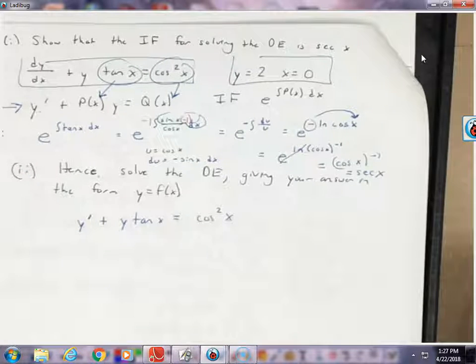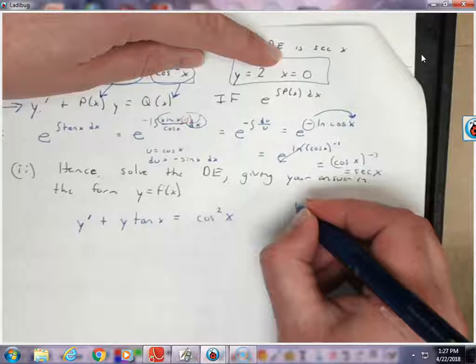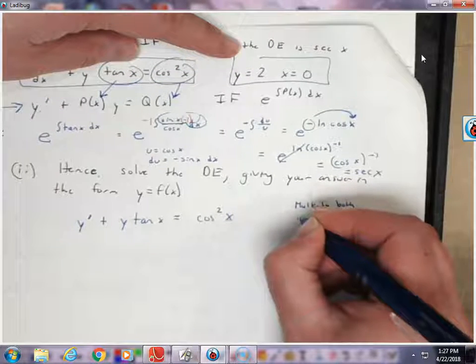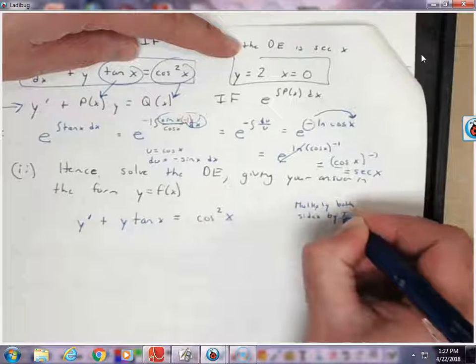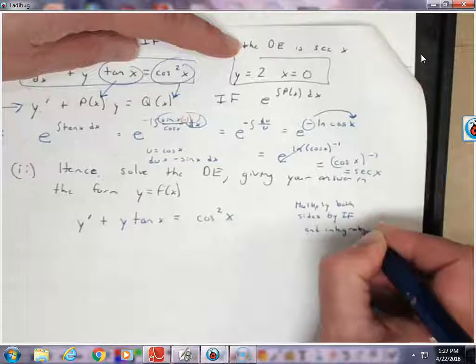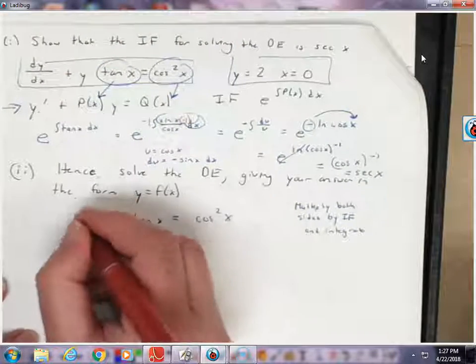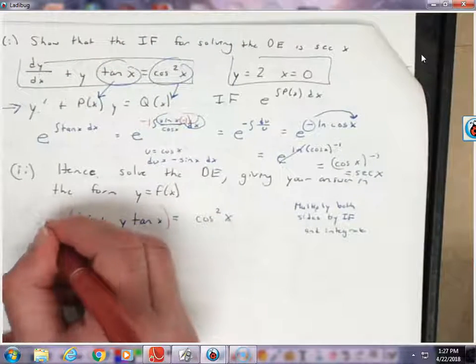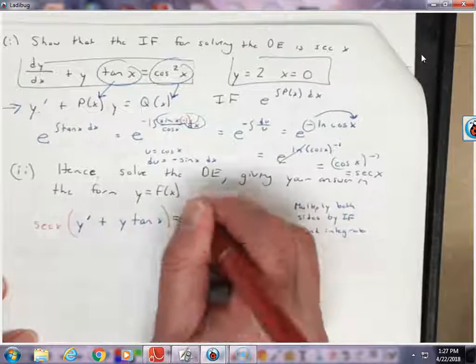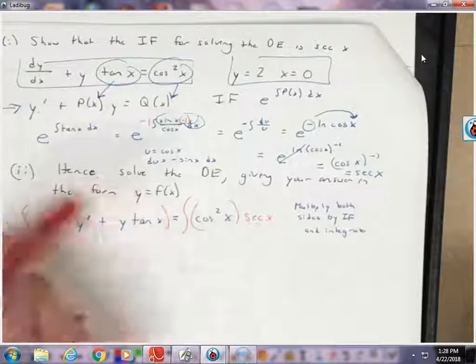Okay. Now the idea here is you multiply both sides by the integrating factor and integrate. Okay, so I'm just going to write that down just to remind you. Multiply both sides by the integrating factor and integrate. So what you're doing is you're multiplying this side by secant x, you're multiplying this side by secant x, and you're integrating.